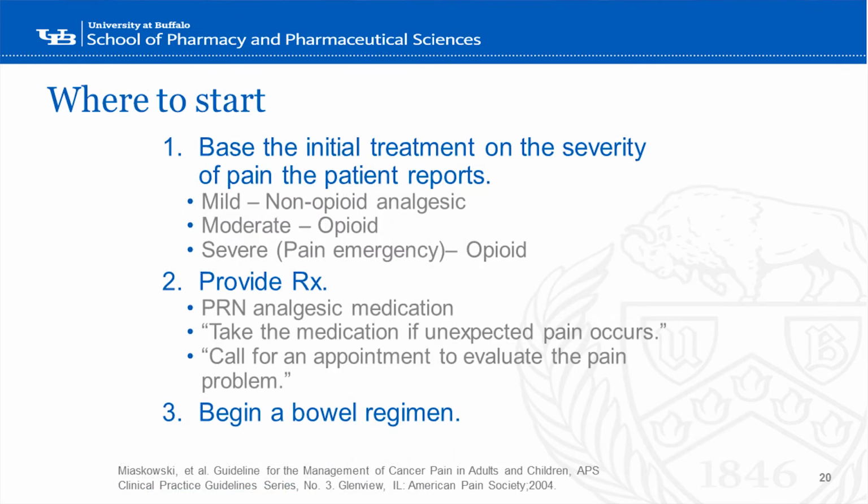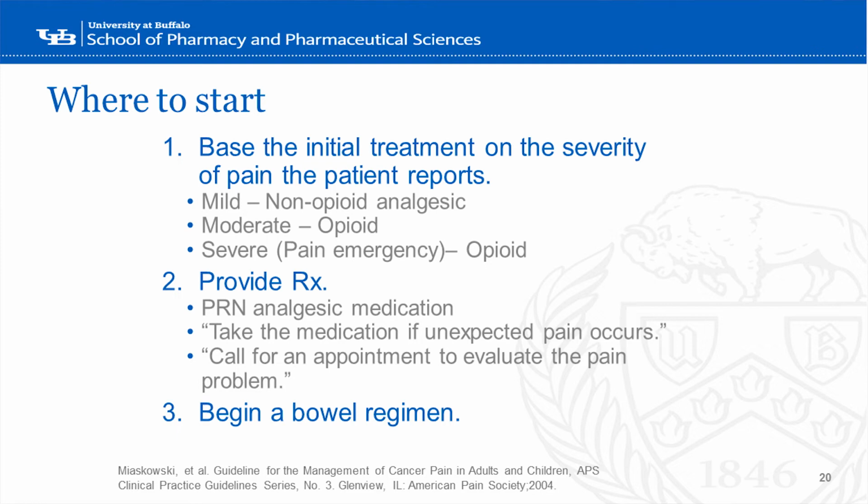So where to start when you have a patient with cancer pain? It's based upon the initial treatment of the severity of the pain that the patient reports. And again, this goes back to some of the basic tenets of pain management, is how important assessment is to find out really what level of pain the patient's in and what type of pain that the patient's having. So again, for mild pain, we consider perhaps non-opioid analgesia.